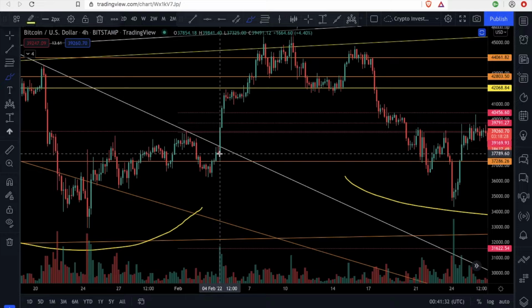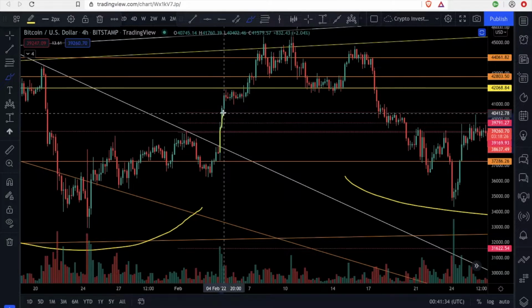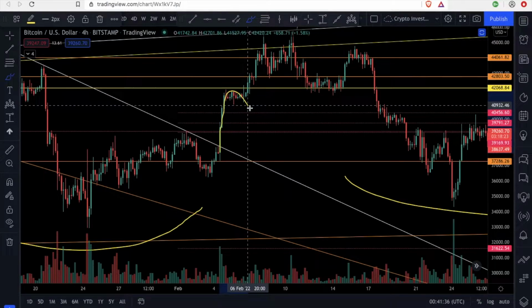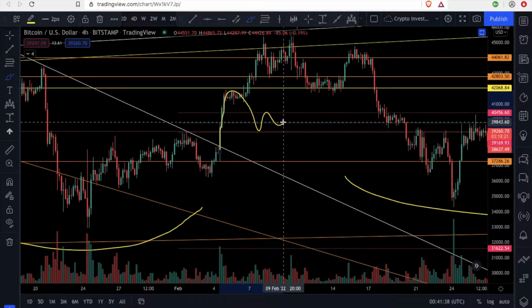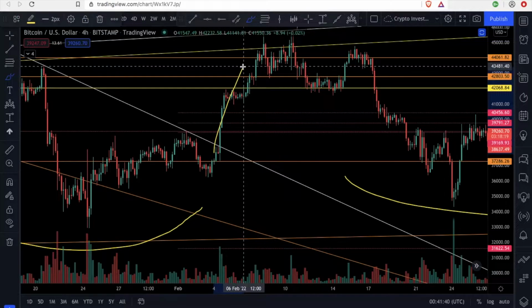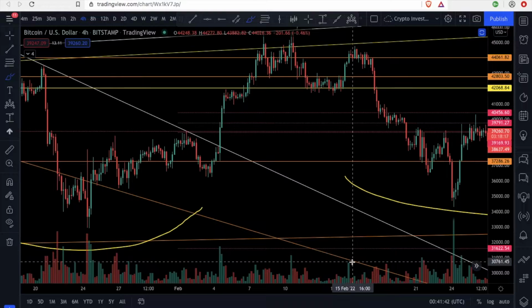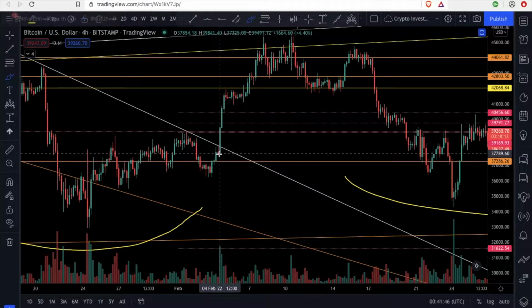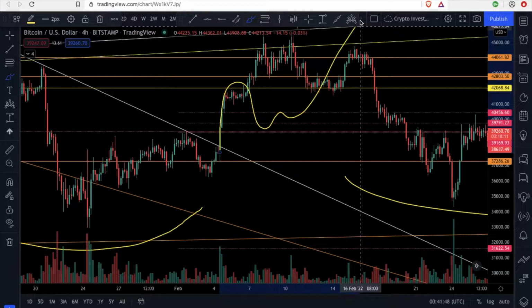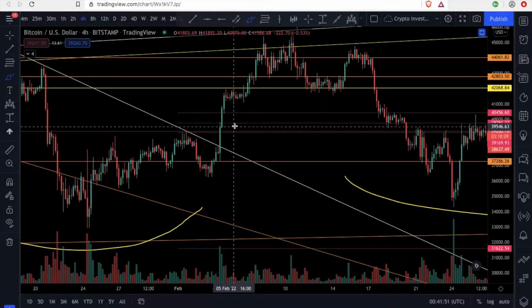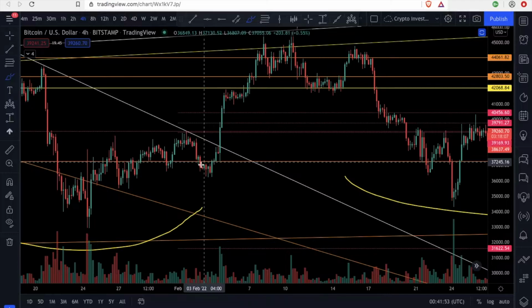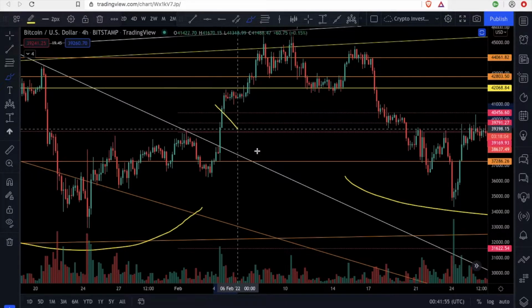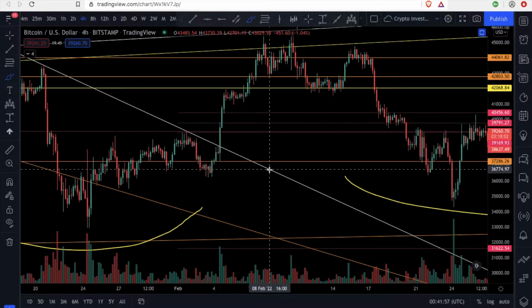Usually when you see this breakout to the upside without retesting these 3 pink lines, just a straight breakout to the upside, you have to be very cautious because usually the Bitcoin price likes retesting those lines before it continues going higher, or even lower, depending on which direction it's breaking, to the downside or to the upside.